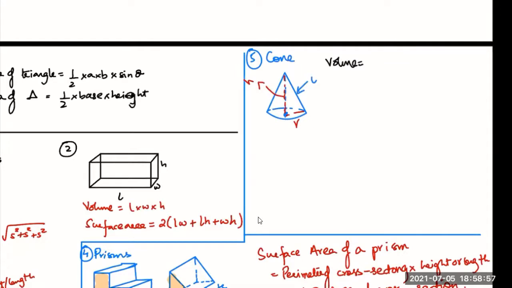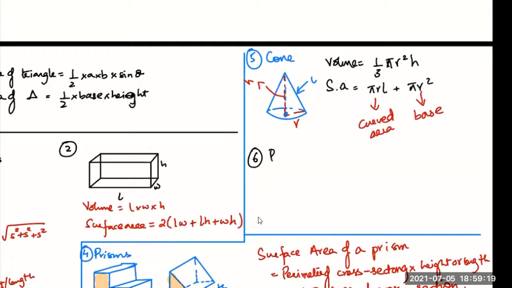Now, some of these formulas are provided to you on the exam as well, but again, it's better to remember all of them. Volume is 1/3 pi r square H, surface area is pi r L plus pi r square. This is the curved area, and the base.